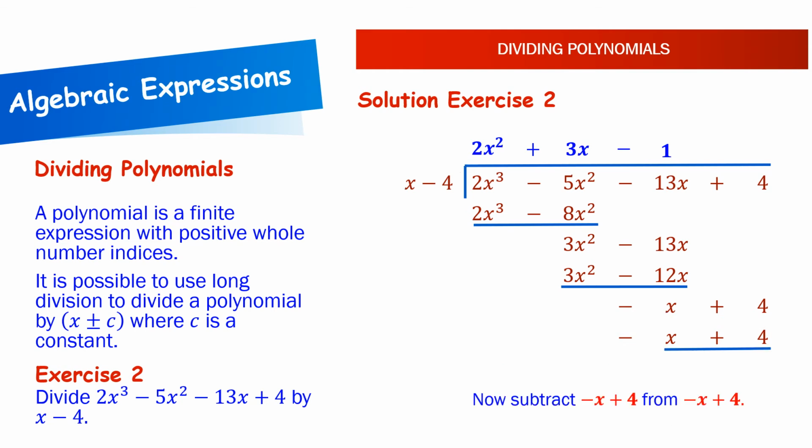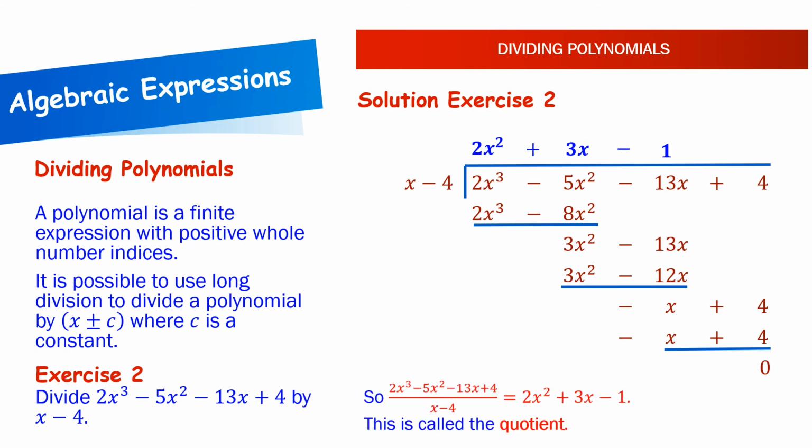And finally subtract to give 0. And since we have no more numbers left to copy, we've finished. So 2x cubed minus 5x squared minus 13x plus 4 divided by x minus 4 equals 2x squared plus 3x minus 1. And this is called the quotient.